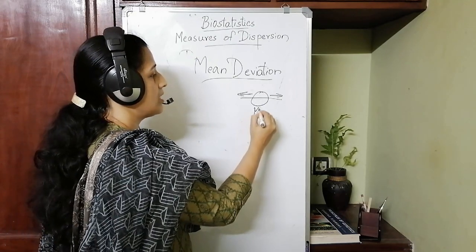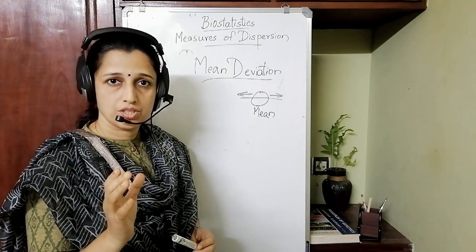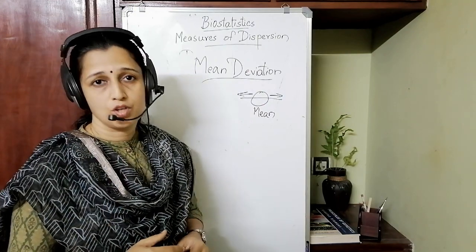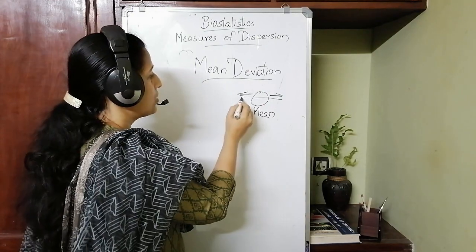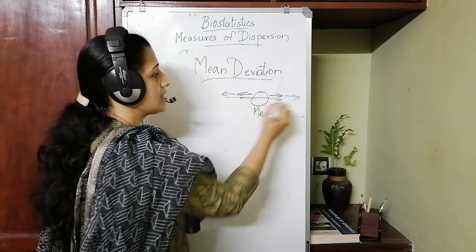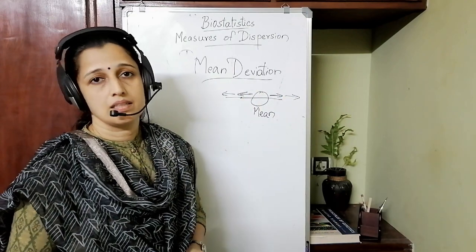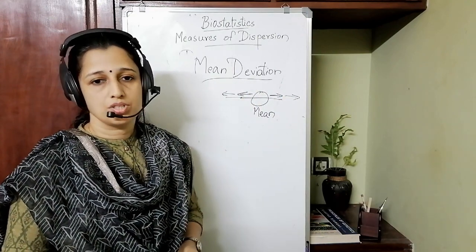If this is the mean value of an observation, the other values in the observation will scatter or deviate from the mean. That's known as mean deviation.